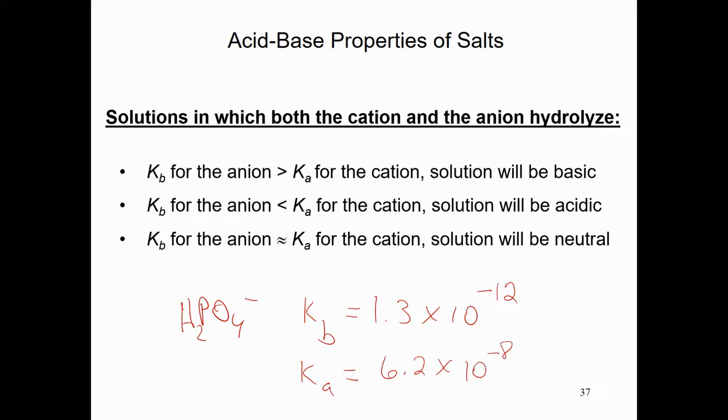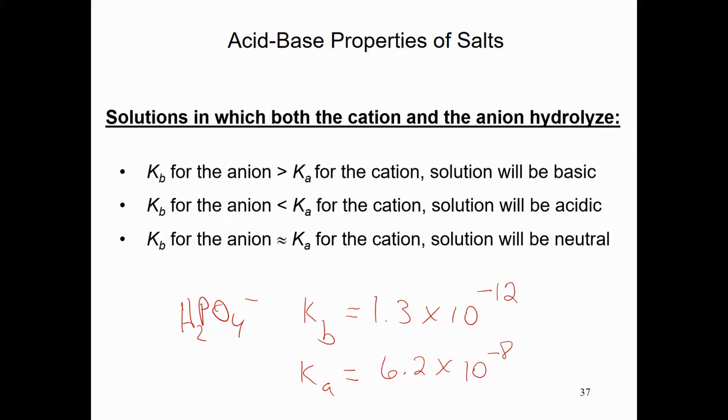So it's going to act as a what? As an acid, right? It's going to act as an acid instead of a base, so dihydrogen phosphate is going to act as an acid.